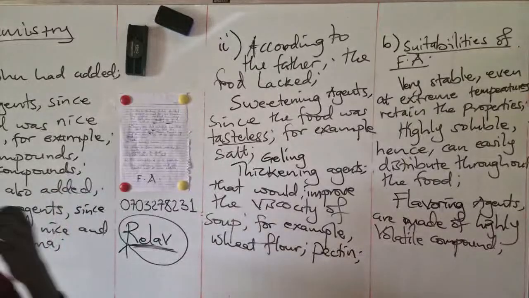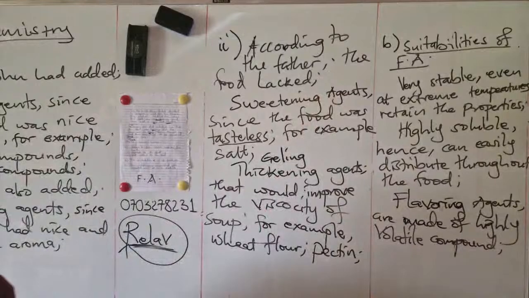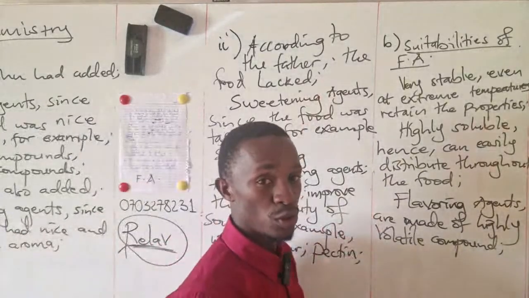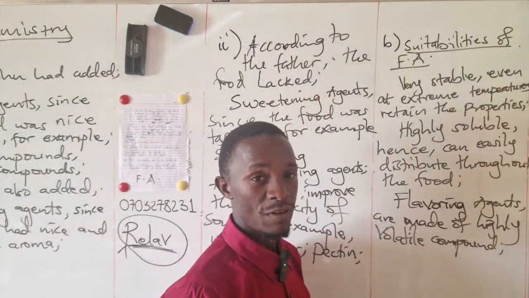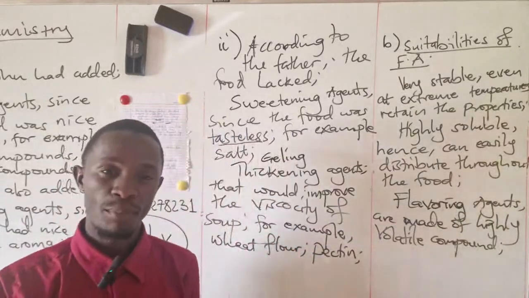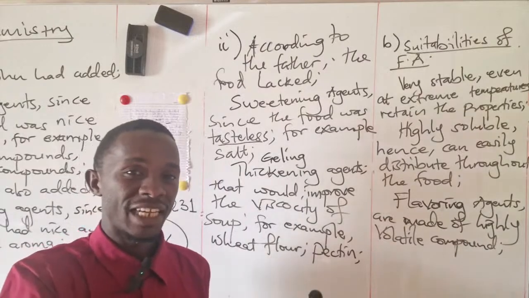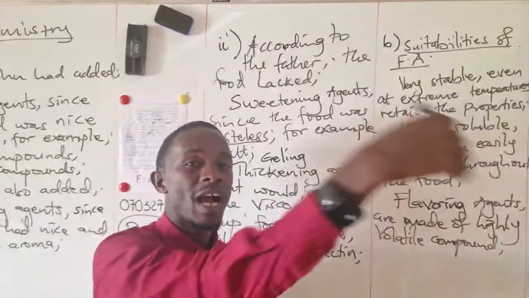So we can talk about very many properties of these food additives. They do not interact with food to give other compounds. They are additives that are put in food but do not affect the chemical makeup of the food.